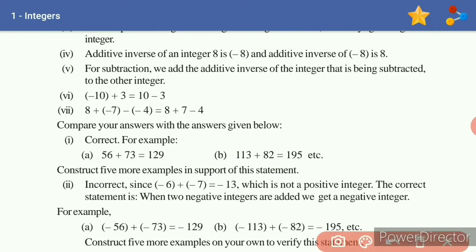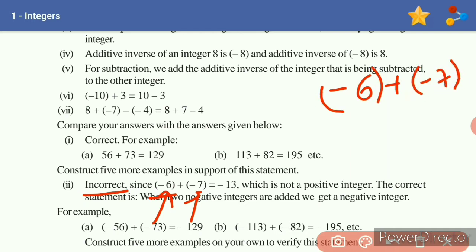The statement is incorrect, because if we add these two negative integers, is -6 a negative integer? Yes. Also -7 is a negative integer. Now if we add them, the answer is -13.